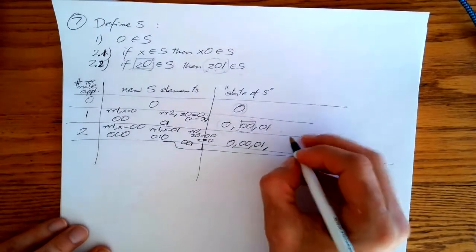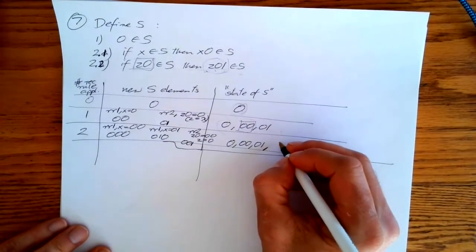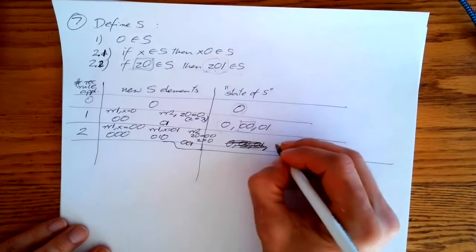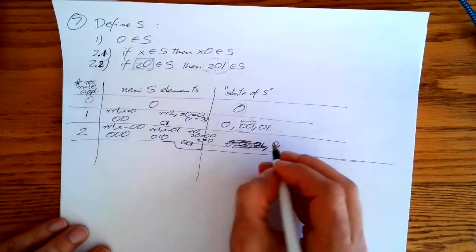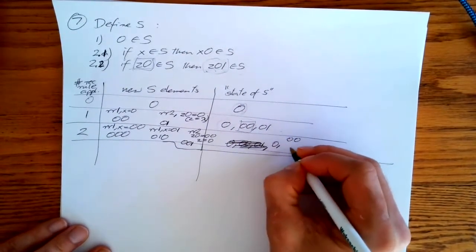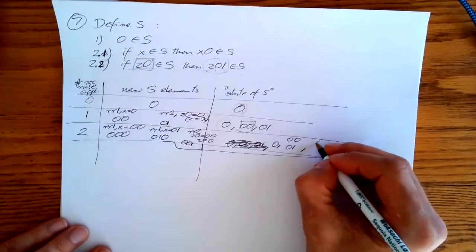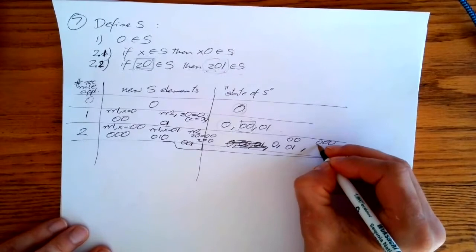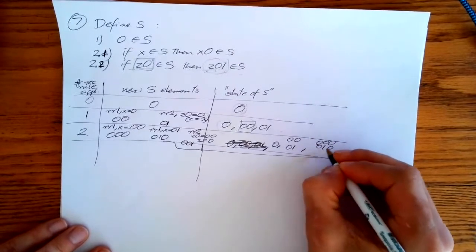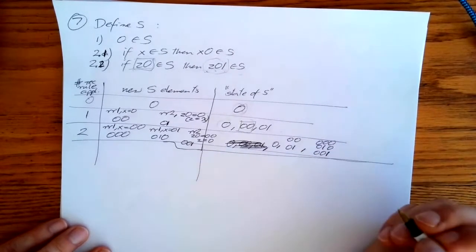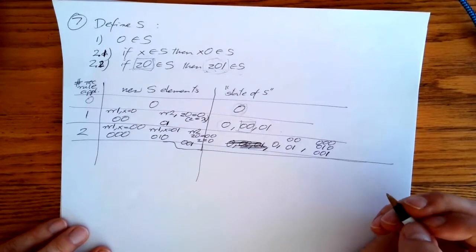And what 3-bit strings do we have now? Let's write them this way. The single bit string is this. The 2-bit strings are these, and the 3-bit strings are 0, 0, 0, 0, 0, 1, 0, 0, 0, 1.